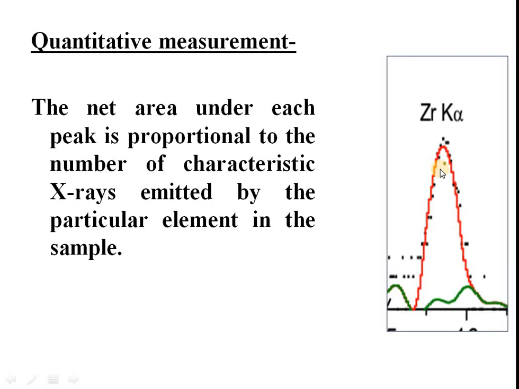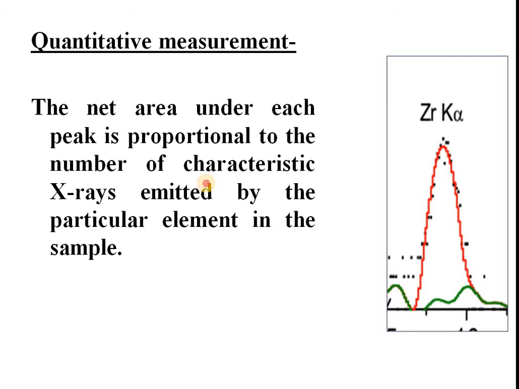By some numerical or computer logic, you can measure the area of this peak. That area is a measure of the amount of that particular element in the sample. The net area under each peak is proportional to the number of characteristic X-rays emitted by the particle. So area corresponds to the amount.